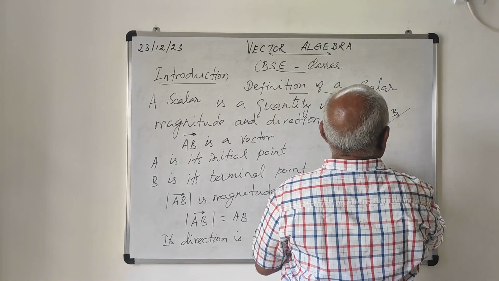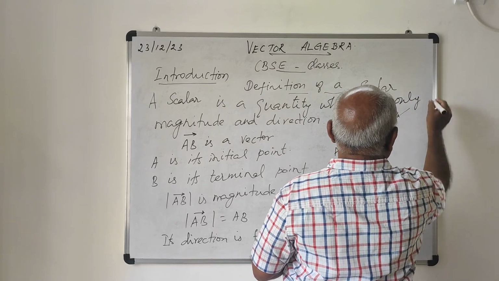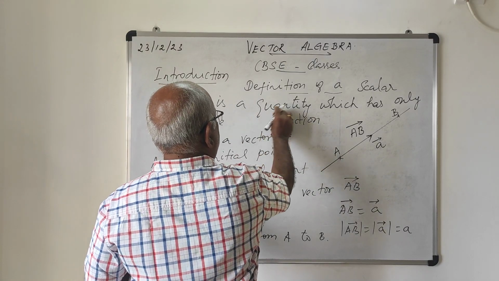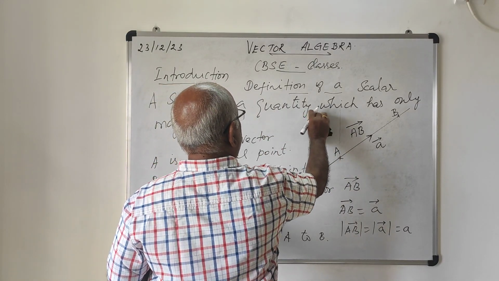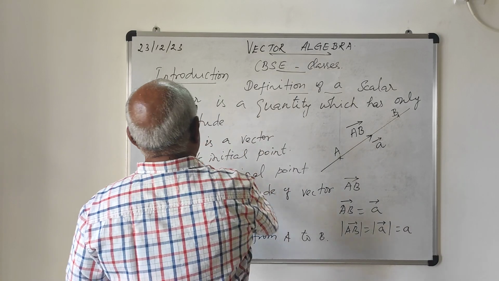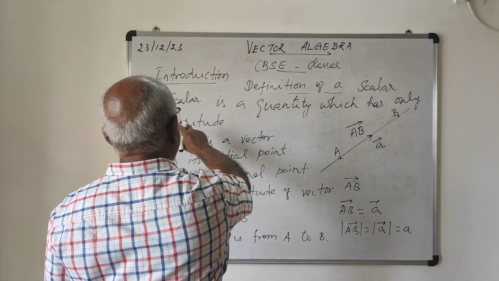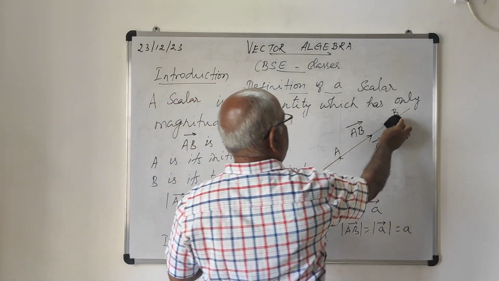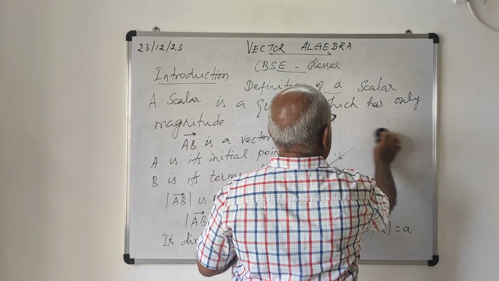It has only magnitude but no direction. A scalar is a quantity which has only magnitude. It has no direction. This is the definition of a scalar.